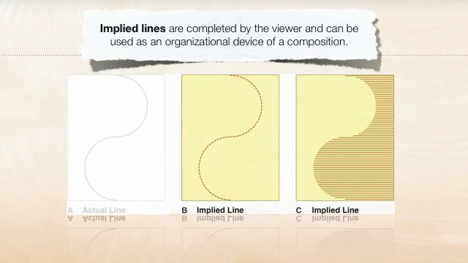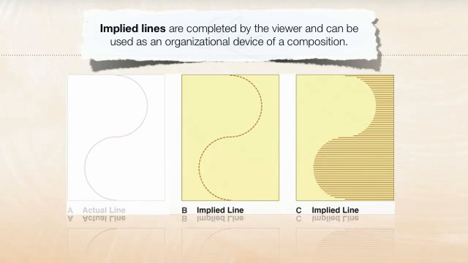An implied line can be a discontinuous line that the viewer reads as a solid, unbroken line, or can be suggested by a series of points or dots, as you can see in the B and C diagrams. These implied lines appear in the figures as a continuous line because the mind's eye connects the dots.